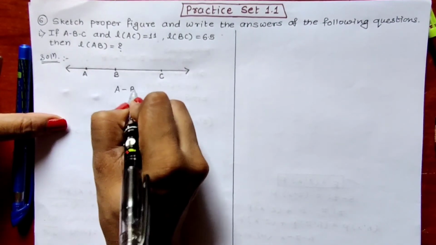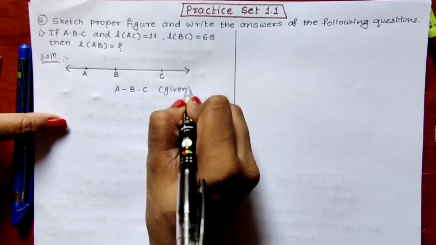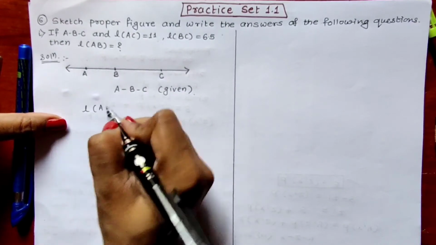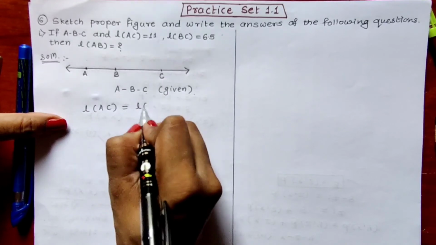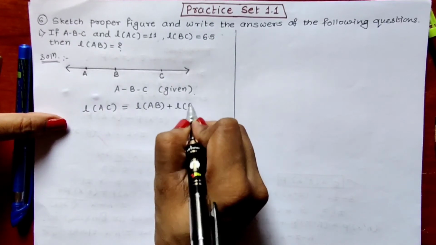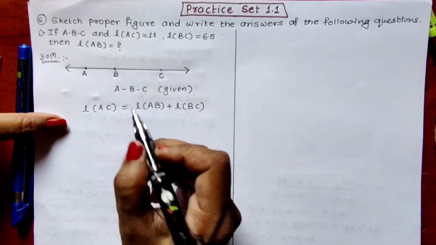A dash B dash C is given to us. That means length AC is equal to length AB plus length BC. AC is equal to AB plus BC.